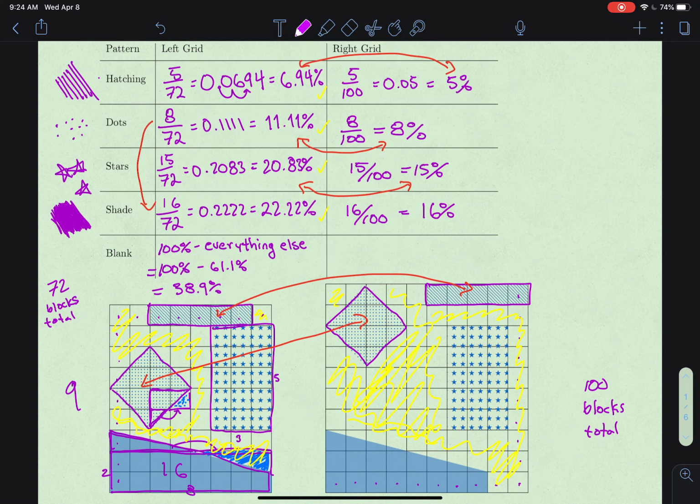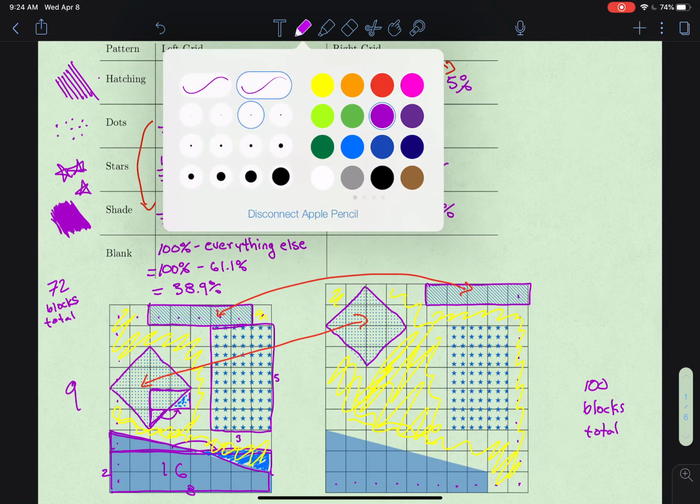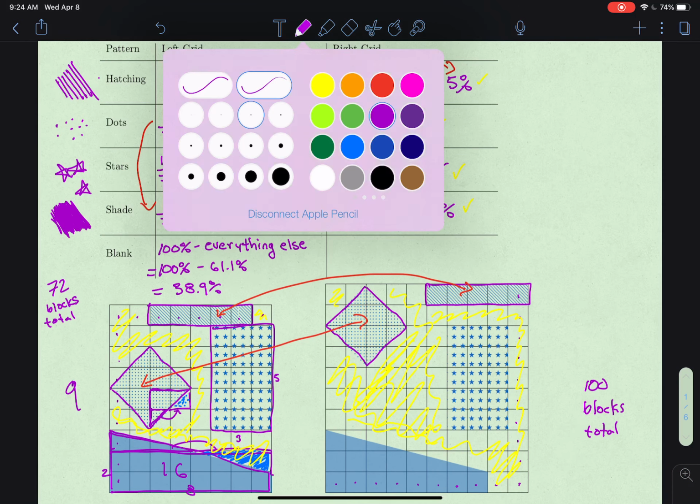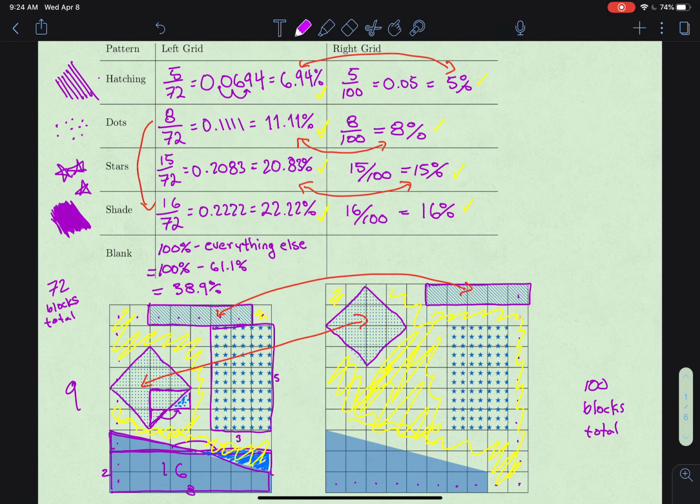And think about how we calculated the percent that was covered by the blank. We added up all of the percents we had, and then we subtracted them from 100. If we do the same thing, we're adding up smaller numbers. So then when we subtract from 100, we're going to be left with a larger number. So let's do that. We don't need a calculator to add these up because 5 plus 15 is 20, and 8 plus 16 is 24, and 20 and 24 is 44.